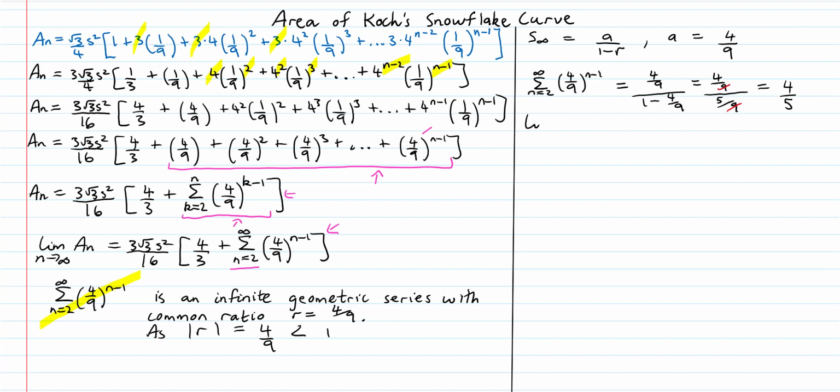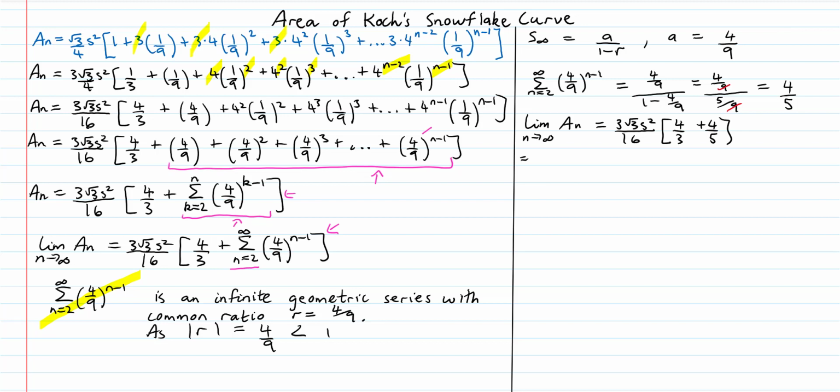So we now have that the limit as n goes to infinity of an is equal to 3 times root 3 times s squared over 16, and then in the brackets we're going to have 4 over 3 plus 4 over 5.